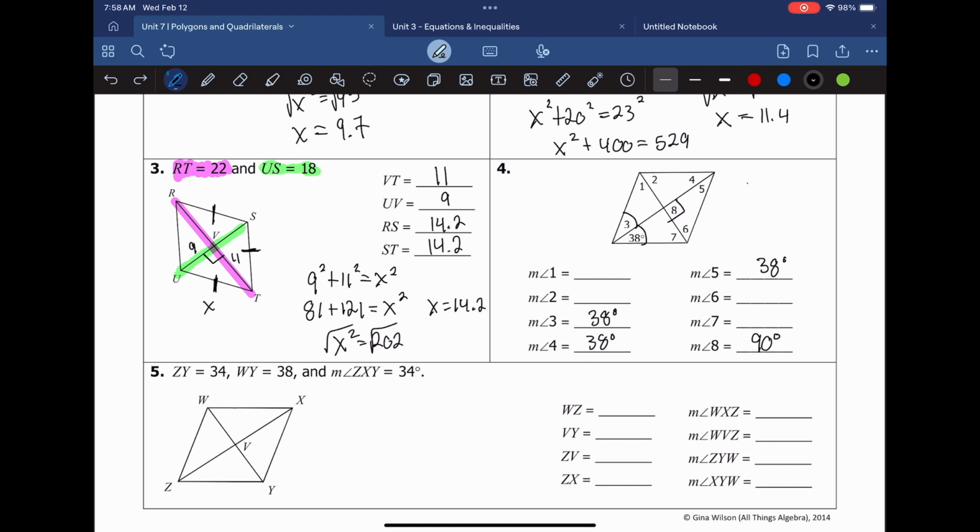So for 6, we've got 90 minus 38, I'm having a slow morning this morning, 52 degrees, there we go, 52 degrees, which means 7 is also 52 degrees because they're right next to each other. Right, they're right next to each other, which means they have to be the same. And that means that 1 and 2 are also both 52 degrees.